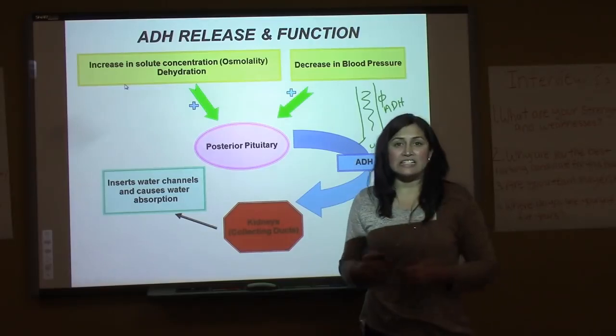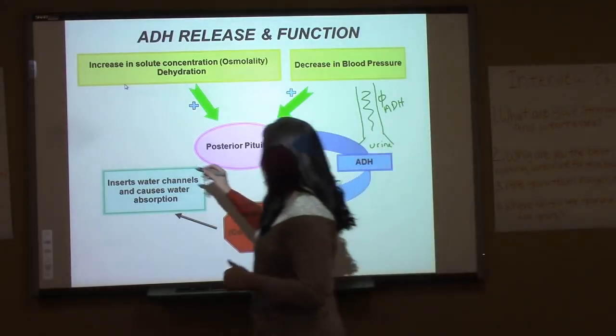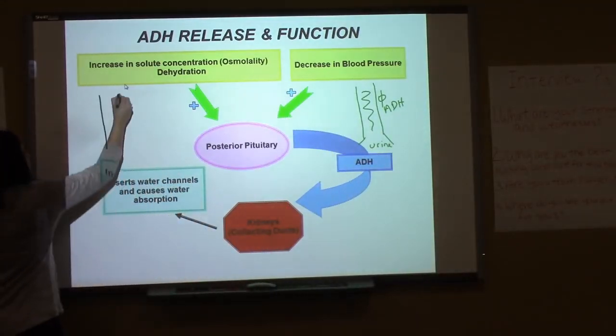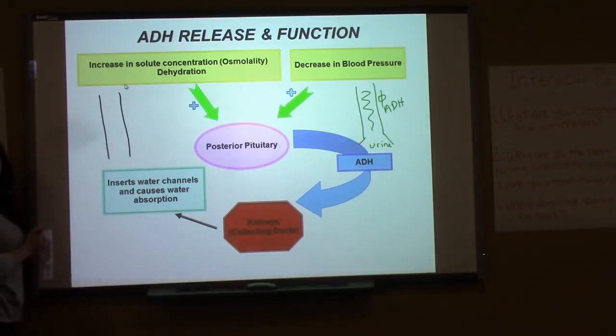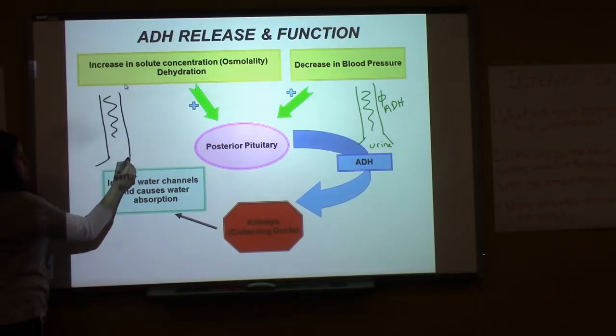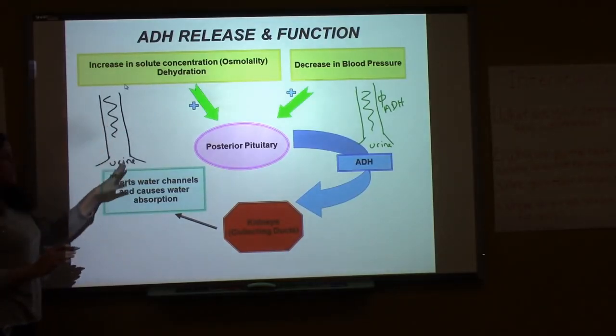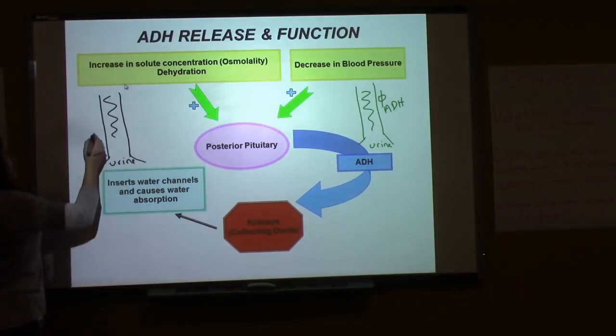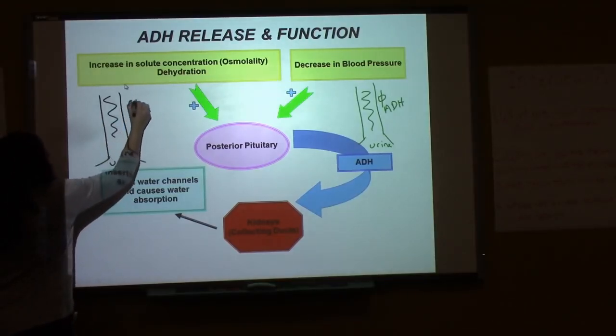Now, let's look at when ADH is present. So again, we have our tubule. Here's the water. Whatever remains at the end will basically become urine. But now ADH is present.